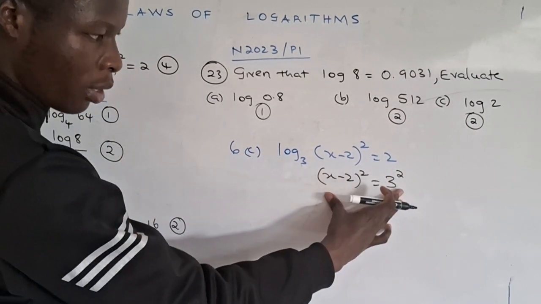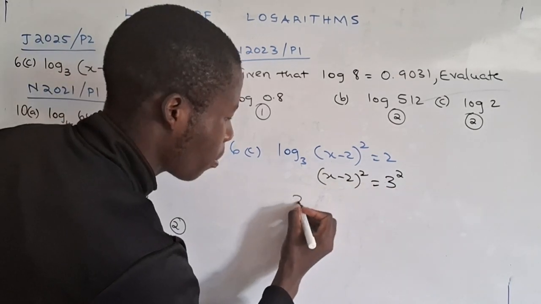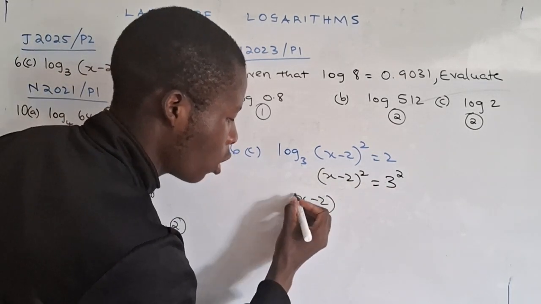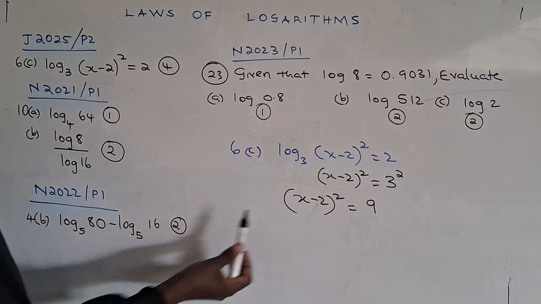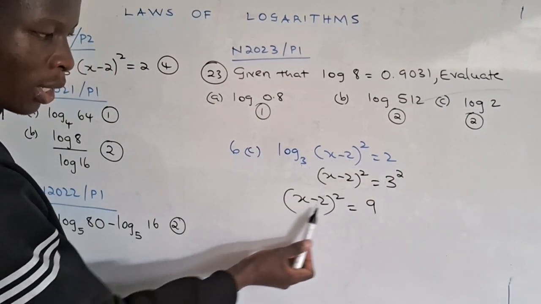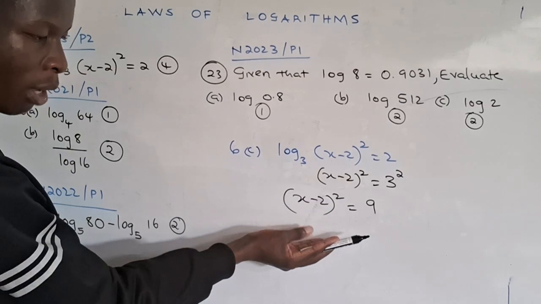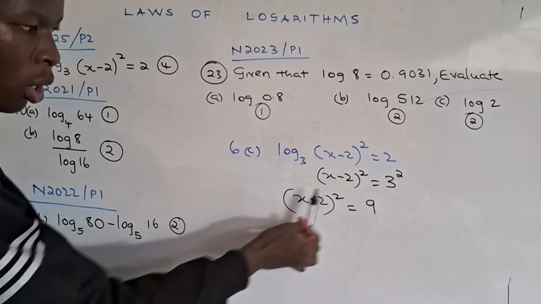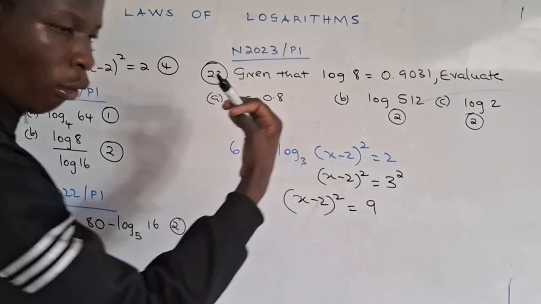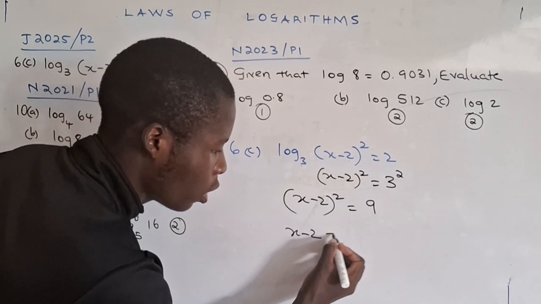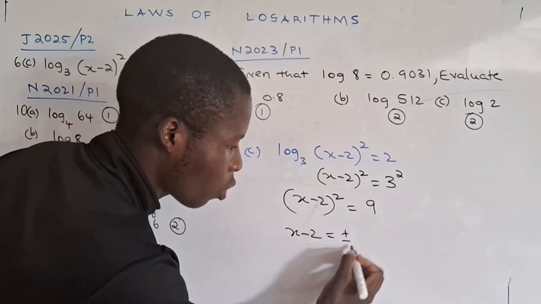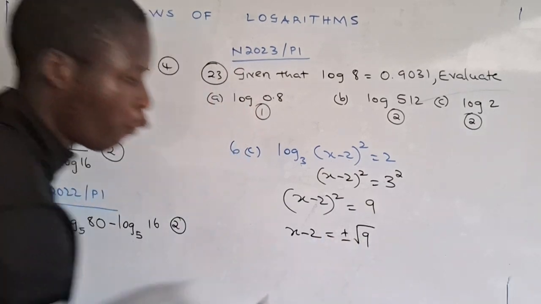Okay, now I have this equation. So this is nothing but (x minus 2) to the power 2 is equal to 9. If you want to remain with x minus 2 on the left hand side, what are you supposed to do? You take the square root of both sides. So x minus 2 is equal to plus or minus the square root of 9.